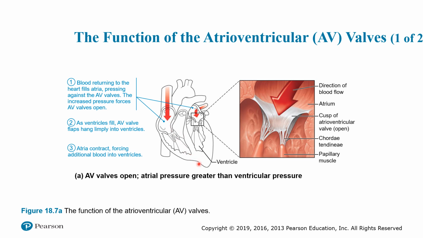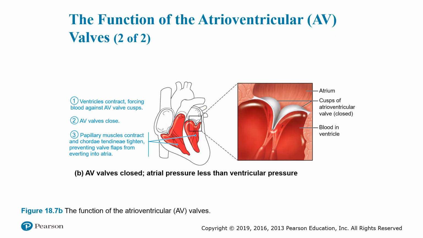Now the ventricles are also filling. As the ventricles fill, the AV valve flaps hang limply into the ventricles. Then the atria contract, forcing the last of the additional blood into the ventricles. So the same happens on the left side. So the direction of flow of blood is from the atria to the ventricle, and this is where the valve is open. Now let's go to the next slide.